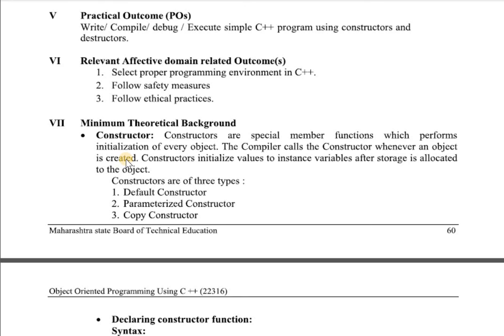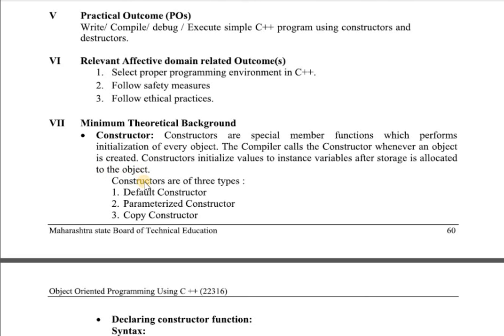Suppose there is one class student and whenever we are creating an object of that class student as S1, at that time the constructor will be called by the compiler. The constructor initializes the values to instance variables after storage is allocated to the object.